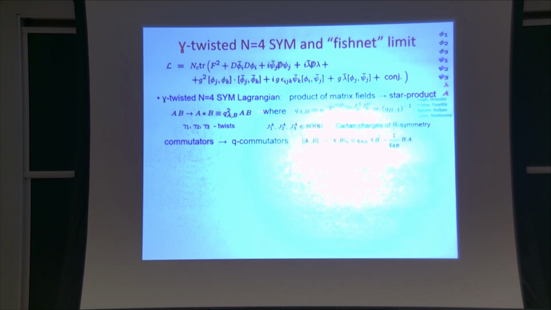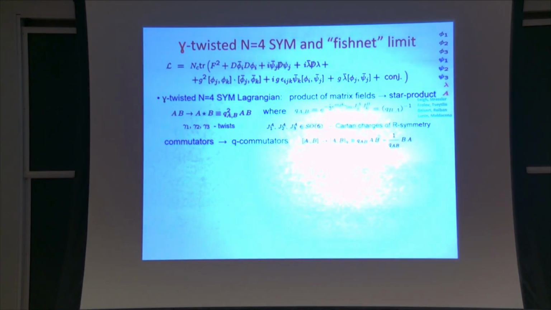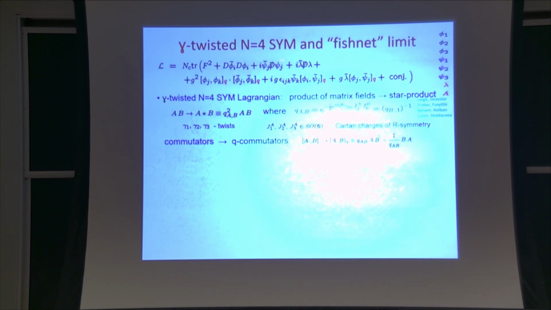Okay, then from a practical point of view, you simply exchange usual commutators by Q commutators. The Q commutator is defined in this way. And then if you gamma twist the action, you simply decorate all the commutators by Q's.